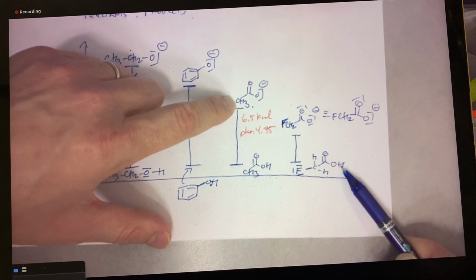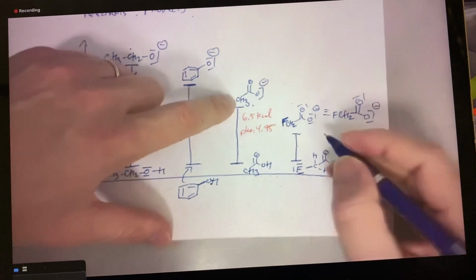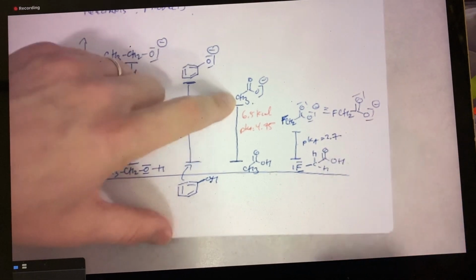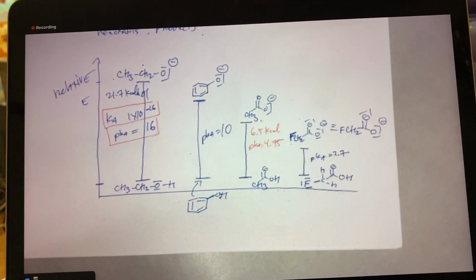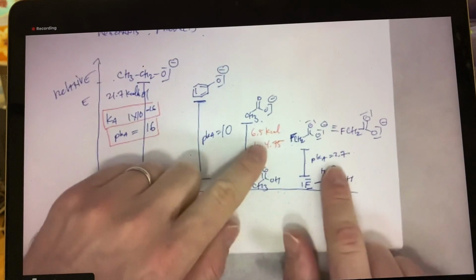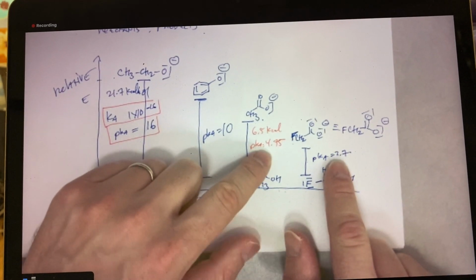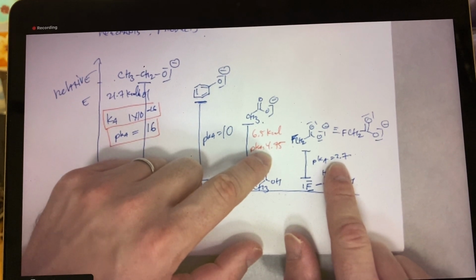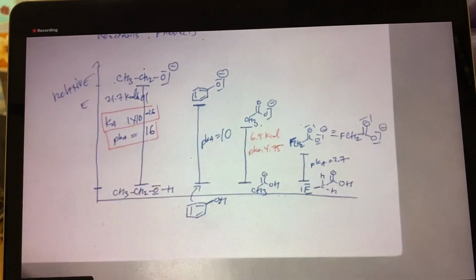It means it's easier to pull off this particular proton. It means the pKa is even lower. In this case, it's 2.7. So it's about 100 times more acidic than this one. 2 pKa units is 1 times 10 to the 2 Ka units. So 100 times more acidic.